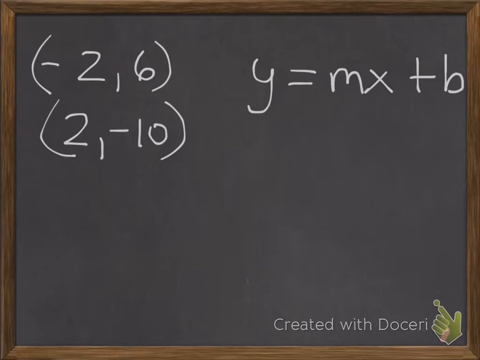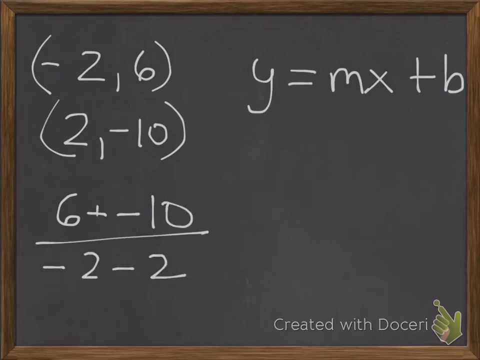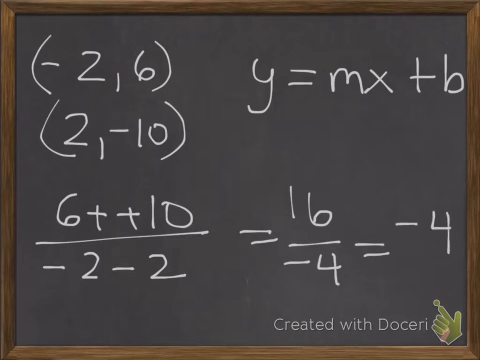So we're going to do our y values subtracted over our x values subtracted, and we get 16 over negative 4, or just negative 4 over 1. So that's going to be our slope that we plug in. But now we need to find our b value. So we need to use a point, either point that we're given, to plug in x for x and y for y to solve for b.